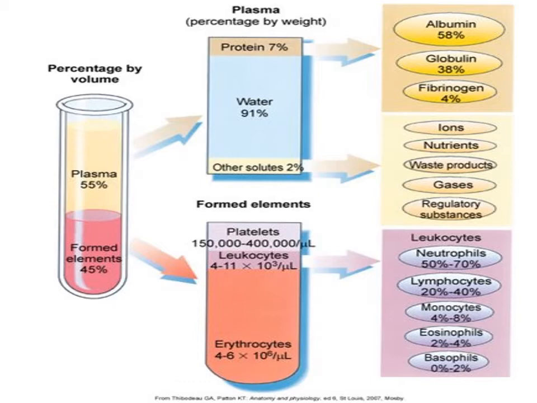Okay, so let's look at the leukocytes. And remember, we break them down into 5. The neutrophils, which are heavily involved in bacterial infections. And we get an elevation of neutrophils when there's typically a bacterial infection taking place.